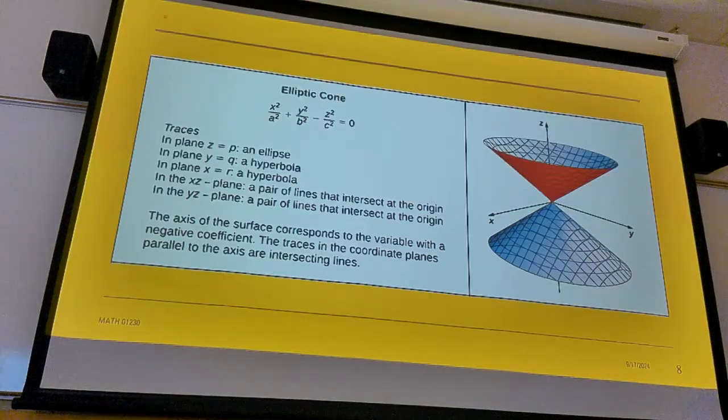We have an elliptic paraboloid. The axis is the axis that corresponds to the variable that has a first power.